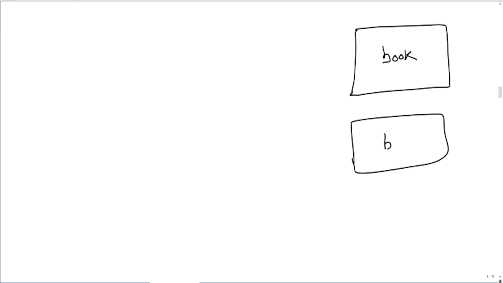Consider that you are doing an experiment where the participant sees a string on the screen. This string could be either a meaningful word or a meaningless string which does not make any sense. So let's say this string could be either book, or it can also be something like BKTR, which does not make sense.